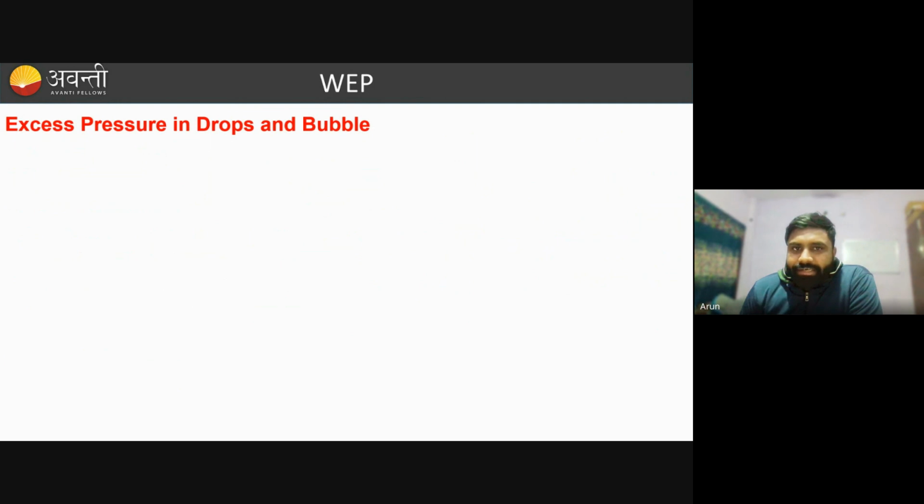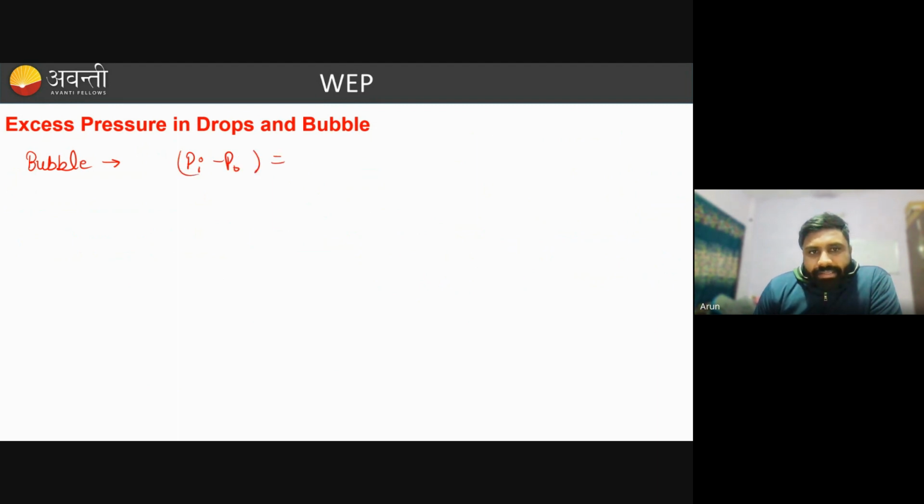Now, excess pressure in drops and bubbles. This is also an application of surface tension. For a bubble, either a liquid bubble or an air bubble inside the liquid, the excess pressure Pi minus Po is given by 2S upon R. S is the surface tension of that liquid, R is the radius of the bubble.